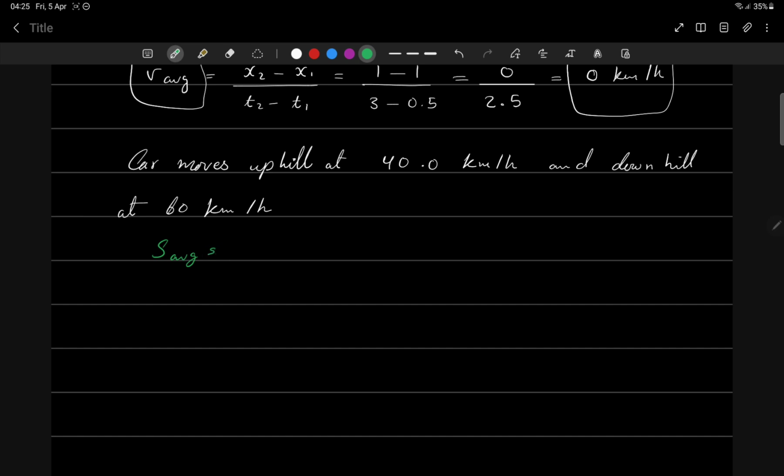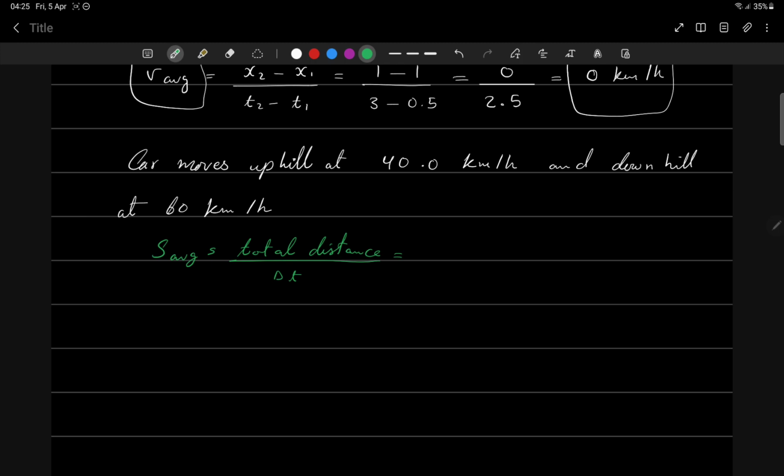The average speed equals the total distance divided by the time taken, or delta time. So we have total distance by delta time. Now what is the total distance?